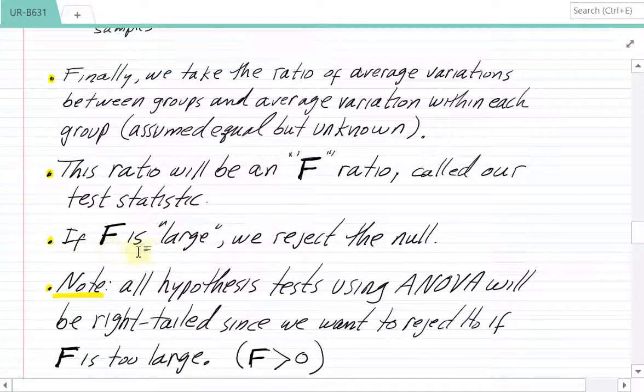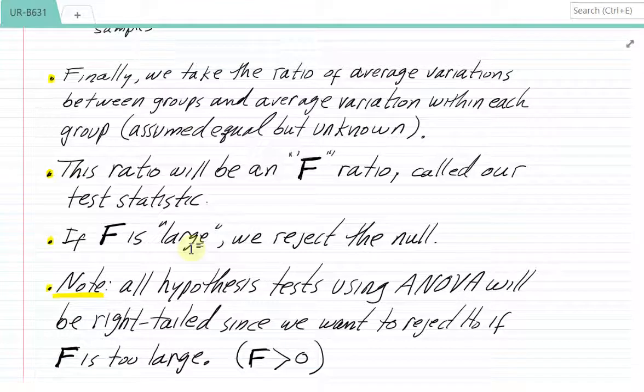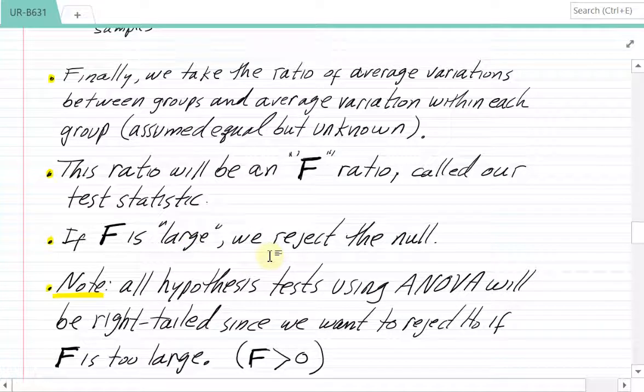If that ratio is large, that means the numerator is getting bigger, meaning more and more separation between these populations. So if F is large, we reject the null, and the question is, how large is large? Well, that translates into a p-value for us. That's how we judge how large is large.